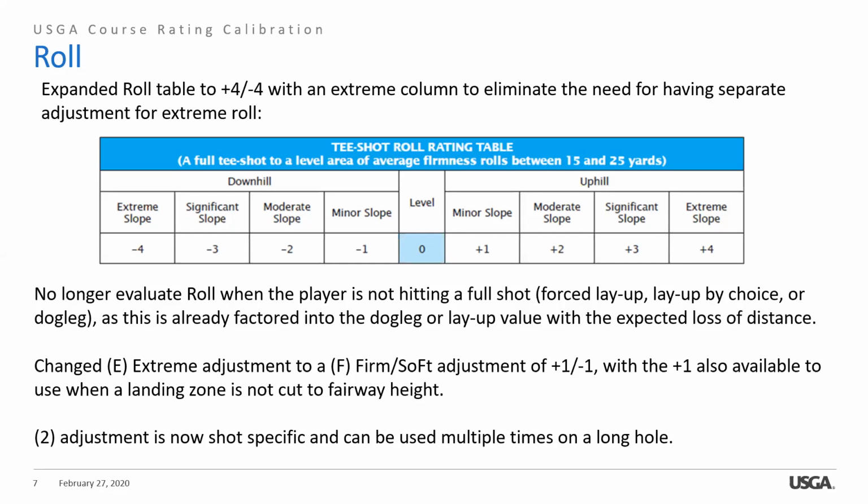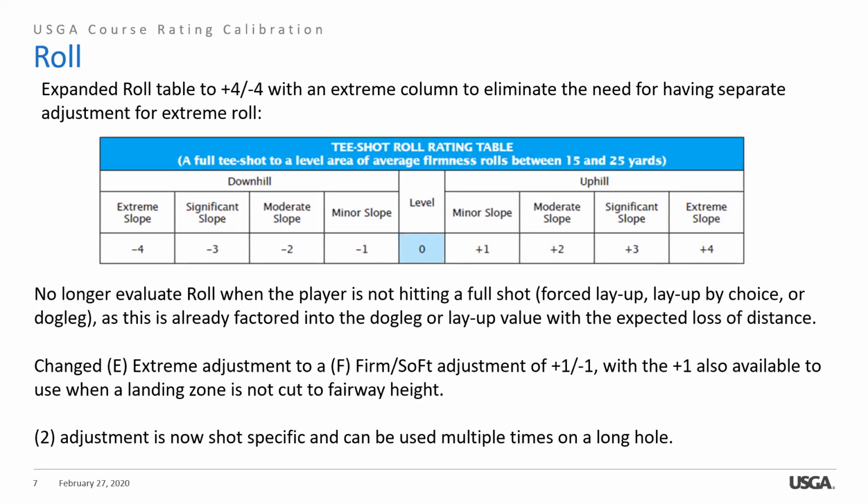So on a 2-shot hole, the max that you could really get is a 5 now, whereas before it could be up to 6 or more, depending on any adjustments that you made, because you applied that roll to multiple shots. But now it's just a tee shot, and then a possible 2 adjustment on subsequent shots.